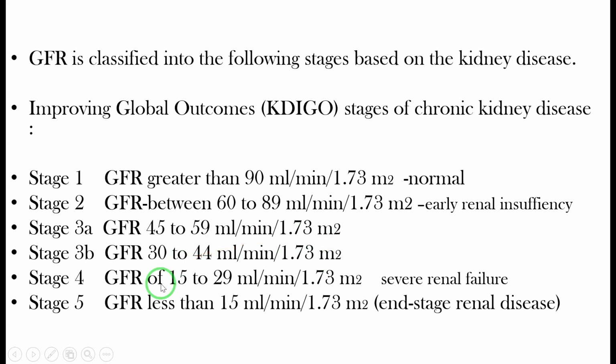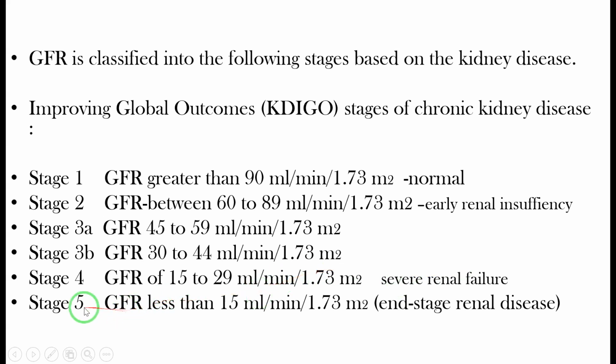Then the more severe stage, when the GFR was between 15 to 29 ml per minute per 1.73 square meter, indicates severe renal failure. The patient may also complain at this stage of hypertriglyceridemia, hyperphosphatemia, and metabolic acidosis with hyperkalemia.